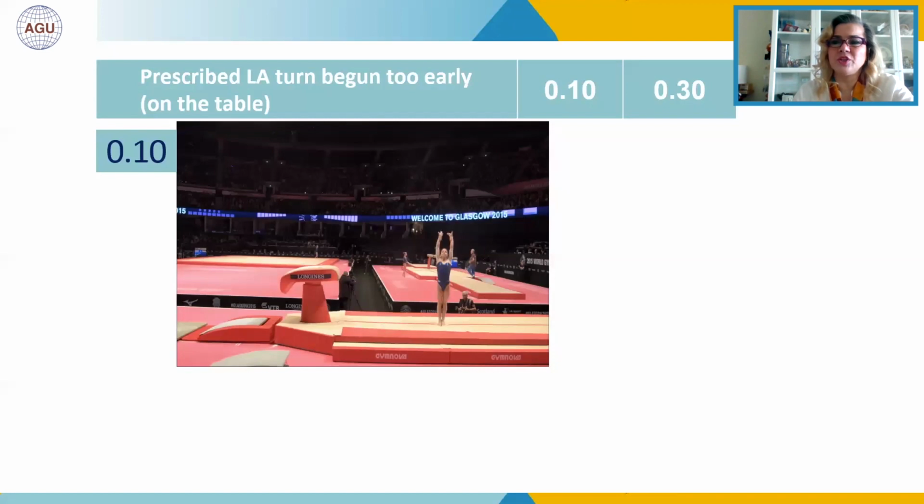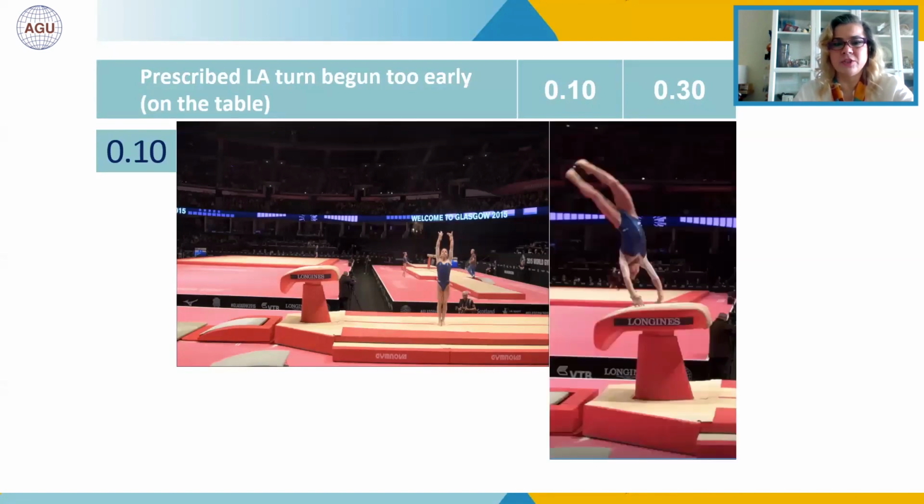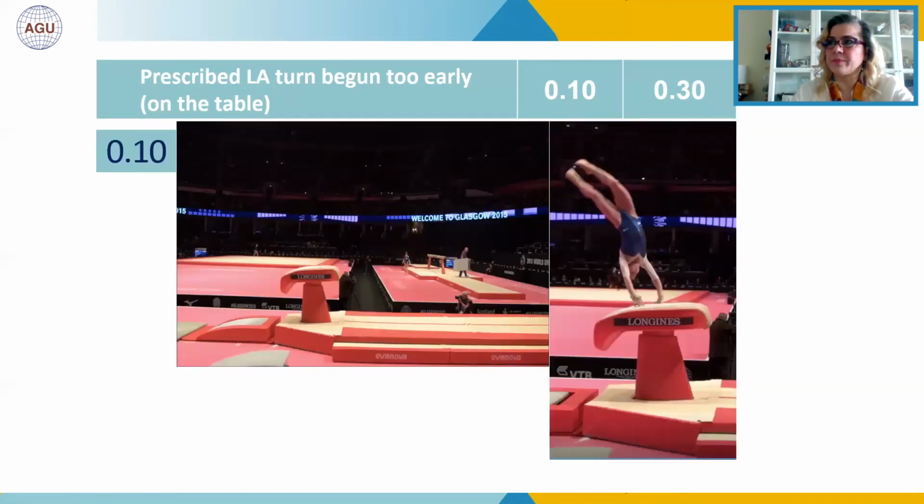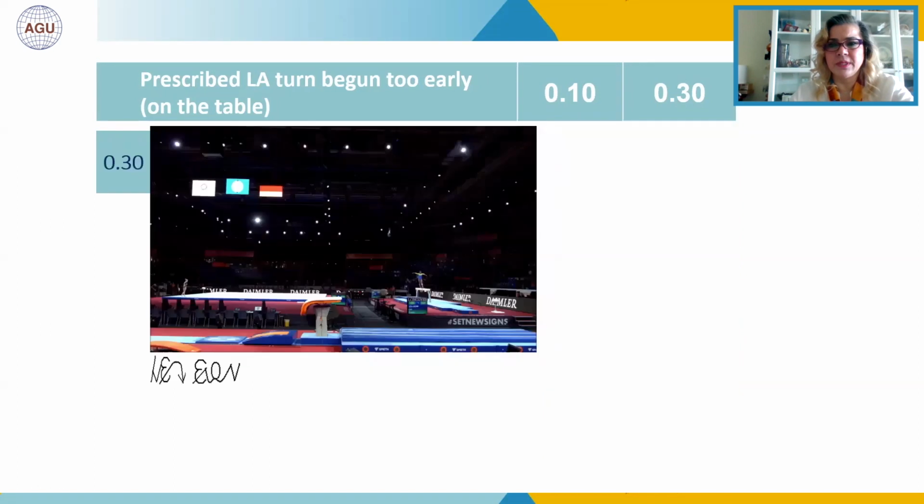As you could see, the gymnast had early turning on the table, as you can see here also in the picture. So she received a deduction of 0.1. Okay. And let's see another example for deduction 0.3.